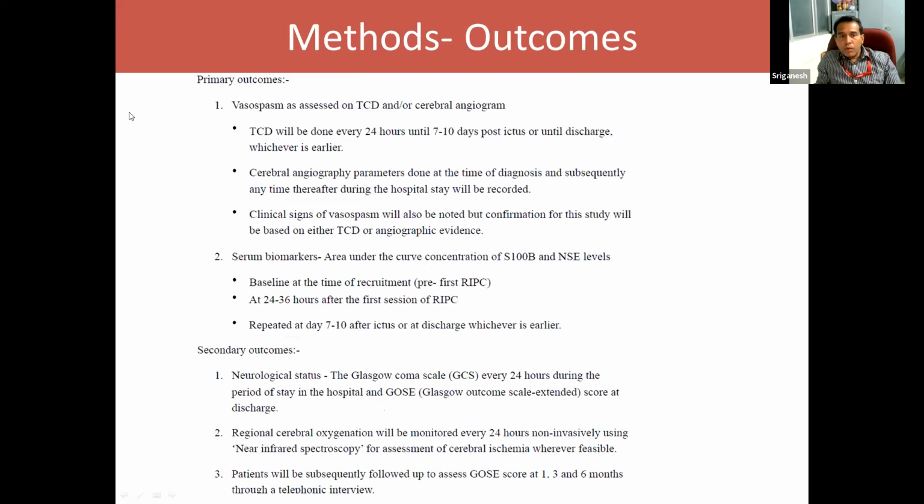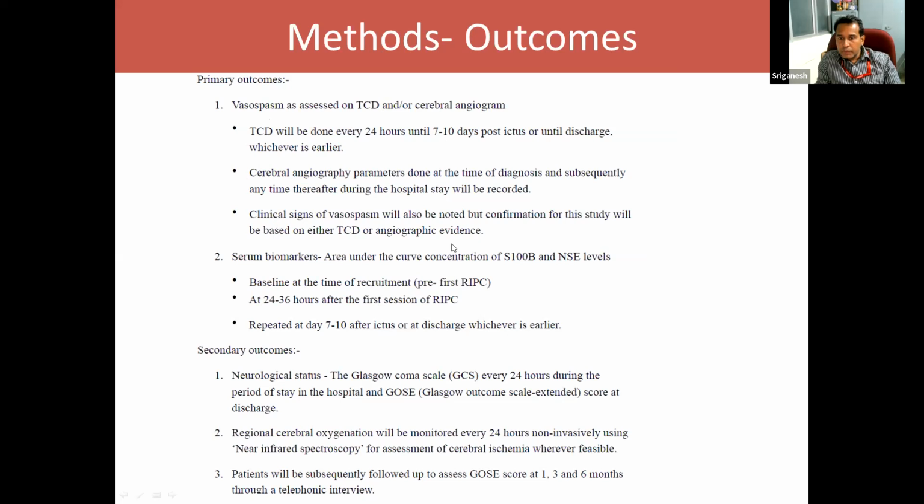And then there are several exclusions which do not fall into the criteria of inclusion in this particular study. Then I'm defining my outcomes. What are my primary outcomes? What are my secondary outcomes? When I say primary outcome, I am saying it is vasospasm. Now, vasospasm can be assessed in multiple ways: clinical vasospasm, TCD vasospasm, angiographic vasospasm. Here I'm informing them that I'll be doing TCD every 24 hours from day 7 to day 10 or until discharge, whichever is earlier. Angiography will be done at the time of diagnosis, and any subsequent angiography during their hospital stay will be recorded.